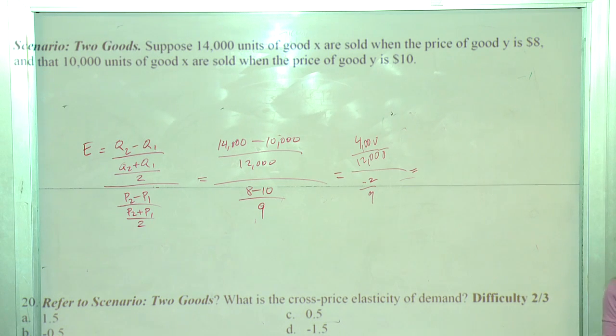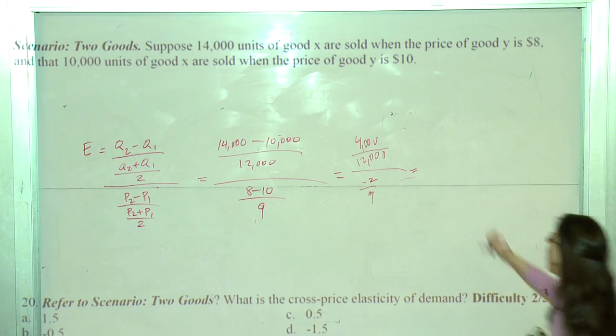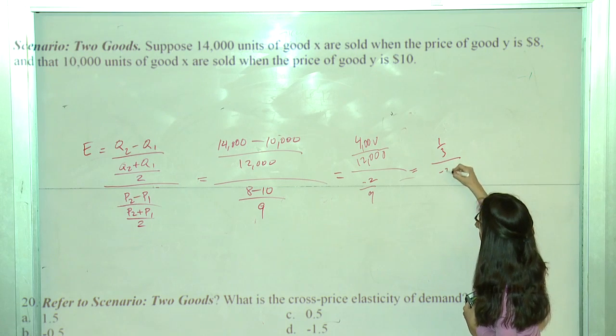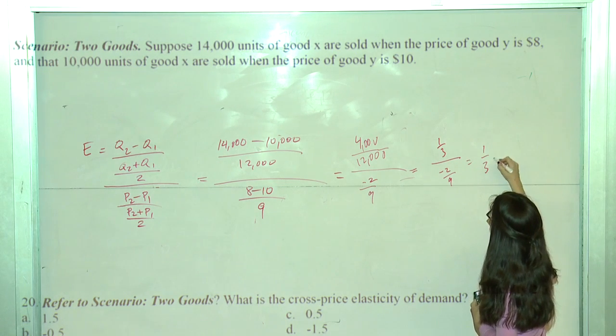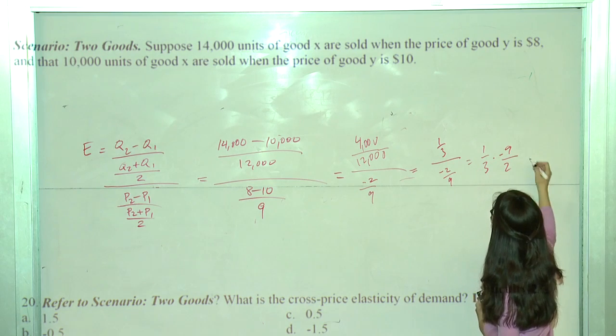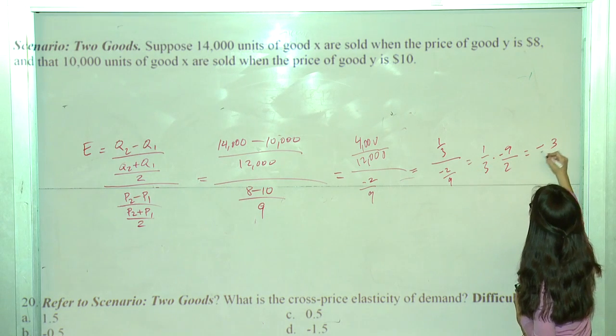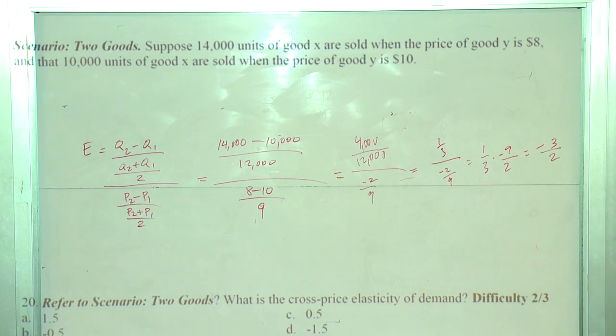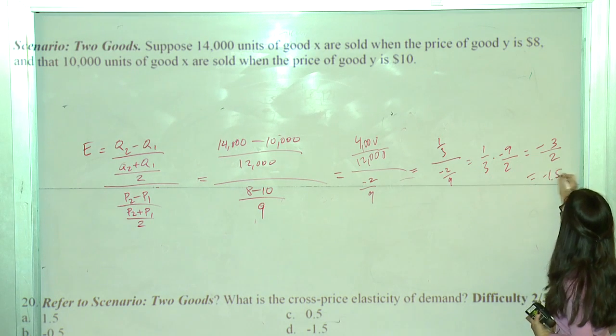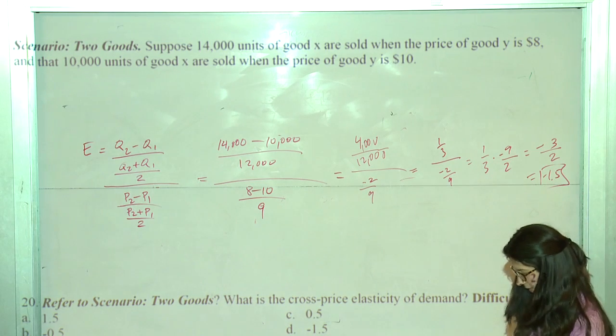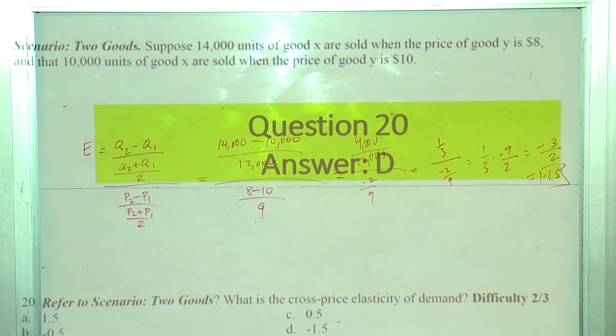What do we get? One third divided by minus 2 over 9 equals 1 over 3 times minus 9 over 2, which is minus 3 over 2, which is? Excellent, negative 1.5. So that is choice D.